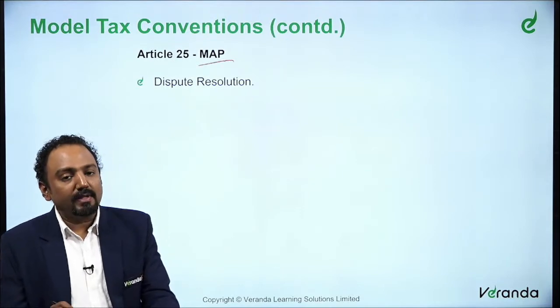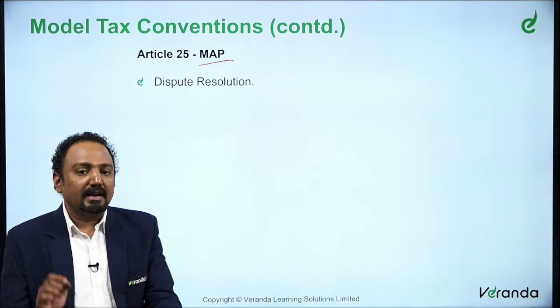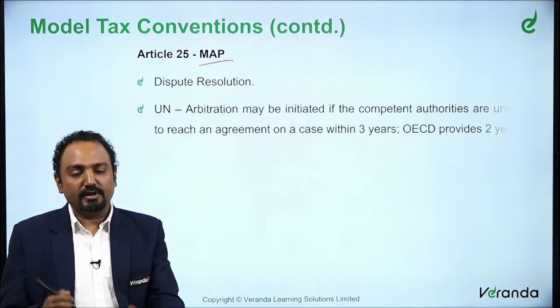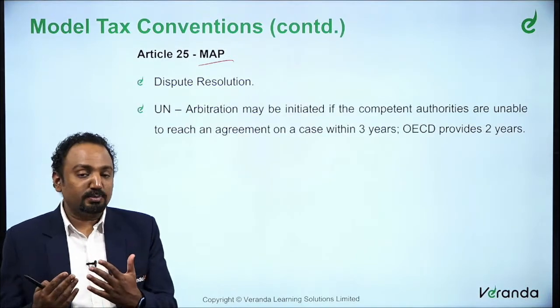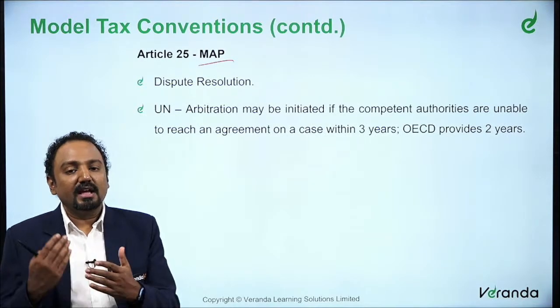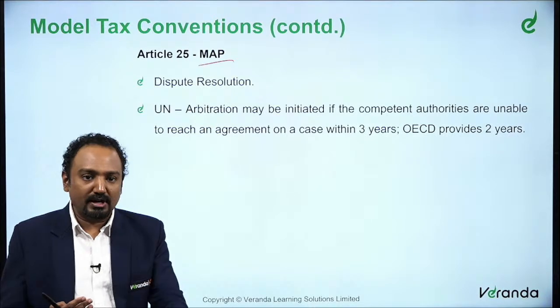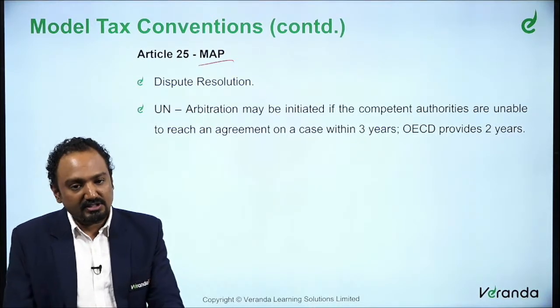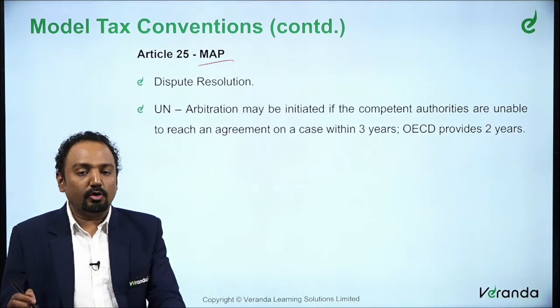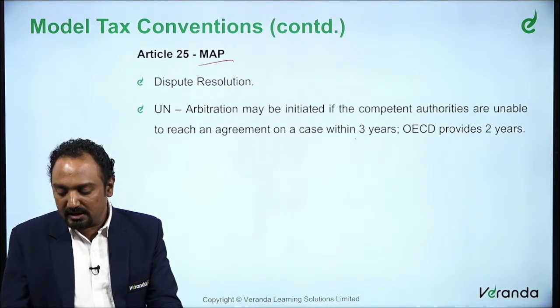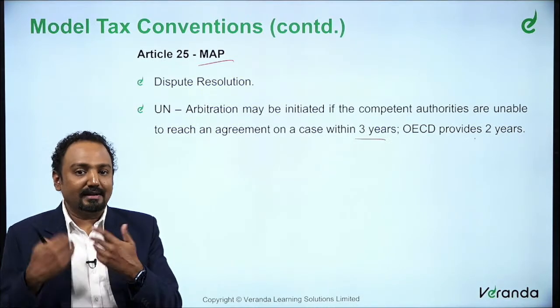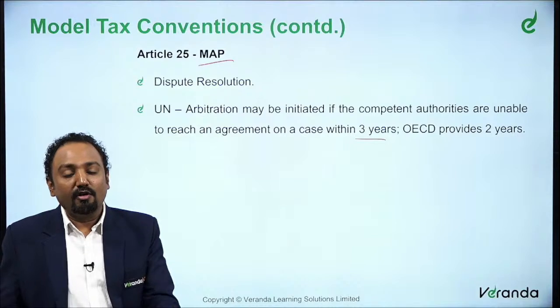One is MAP, the mutual agreement procedure. It is purely for dispute resolution. When two entities or two countries have a dispute in taxing a particular transaction, they may enter into a mutual agreement procedure to decide how to tax such a transaction. The United Nations says if you are not able to come to a conclusion within 3 years, you might raise an issue for arbitration.